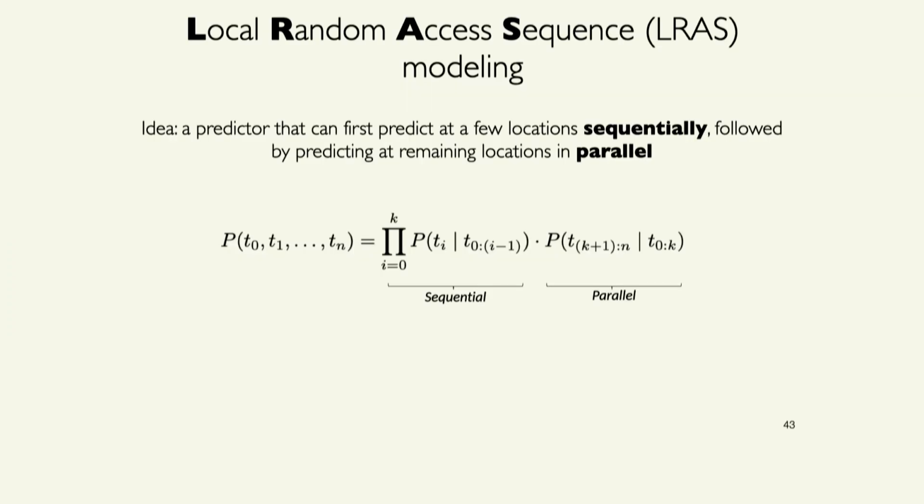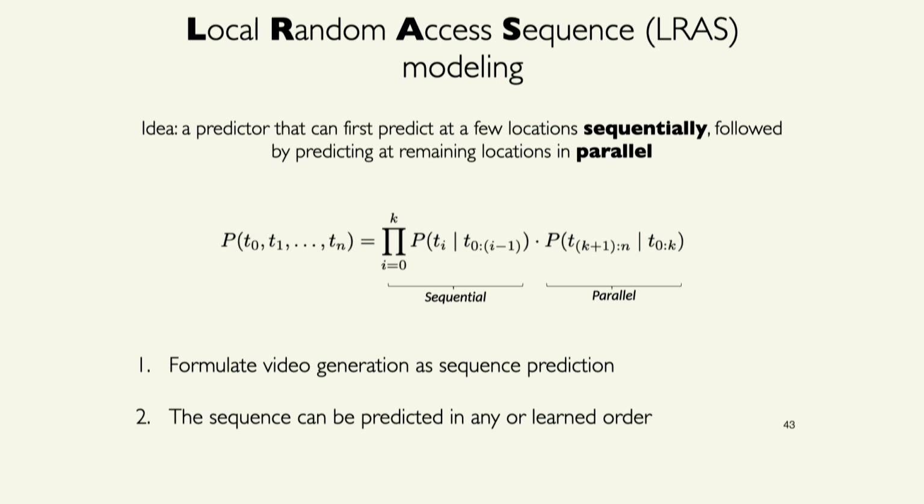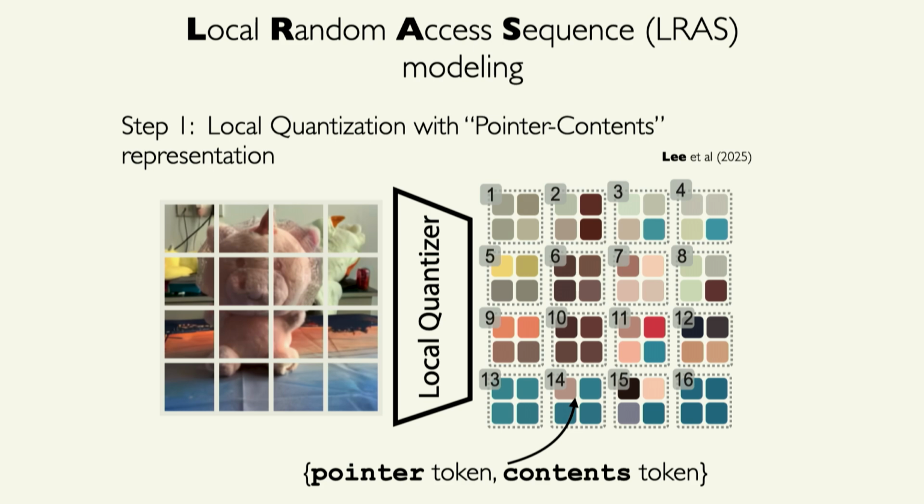Now, in order to implement this, we looked at a new architecture which we designed, which is decomposing the sequence prediction problem into a sequential and a parallel component. We formulate video generation just as next token prediction, but the next frames can be decoded in any order, in arbitrary amounts of sequential or parallel. Specifically, we apply a quantizer again to obtain those low level, not high quality, but first input visual tokens. We patch up the image into local sections and encode only the local sections within each patch.